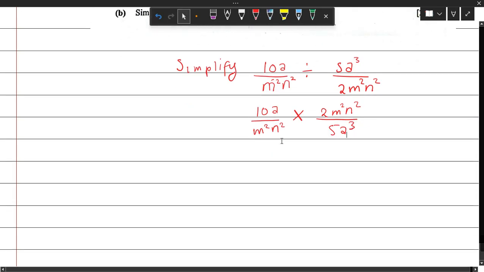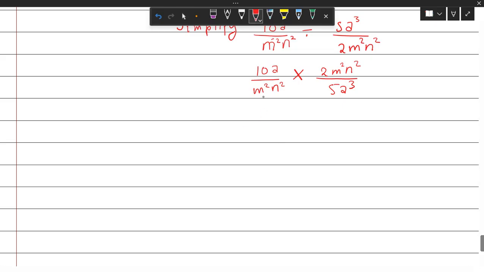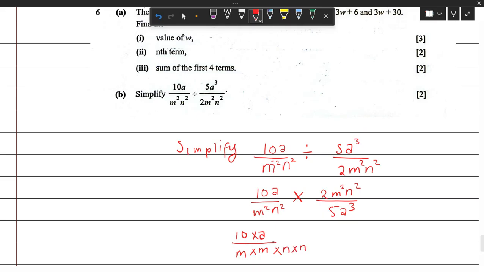Next, you expand. So expanding, we have 10 multiplied by a. This is the numerator, divided by m squared, which is m multiplied by m, and n squared, which is n multiplied by n.